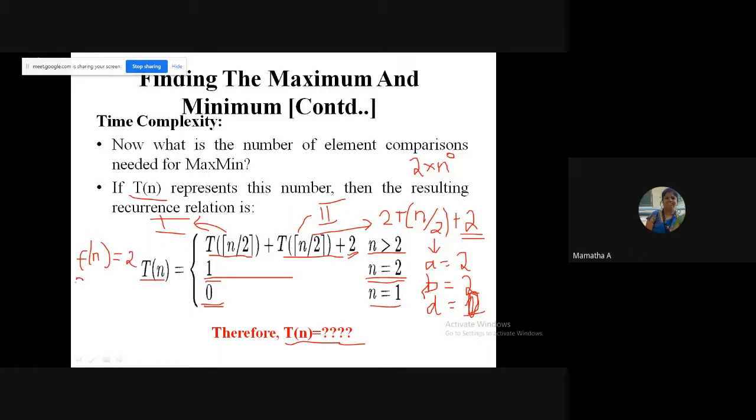So 2 is 2 power 1, equal to 2, ma'am. Where is n here?